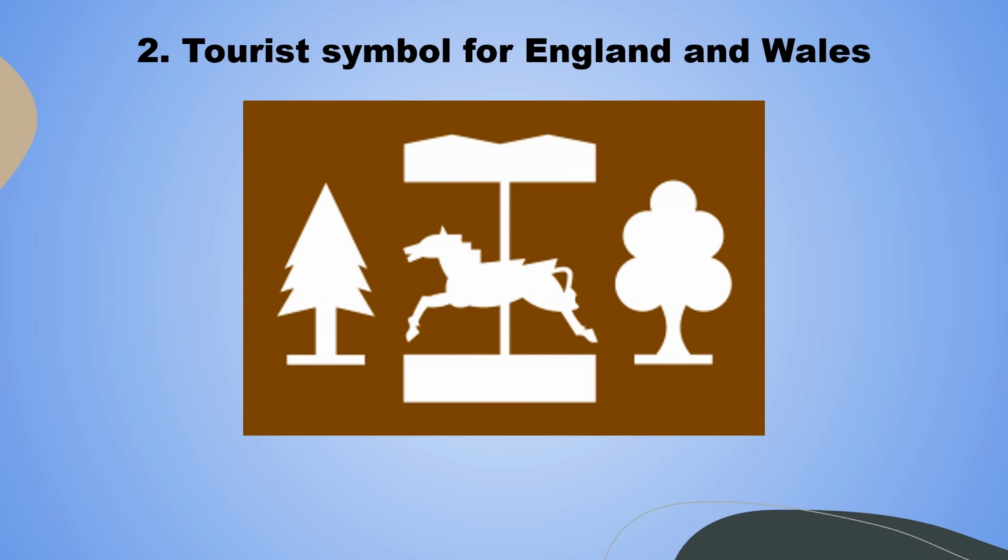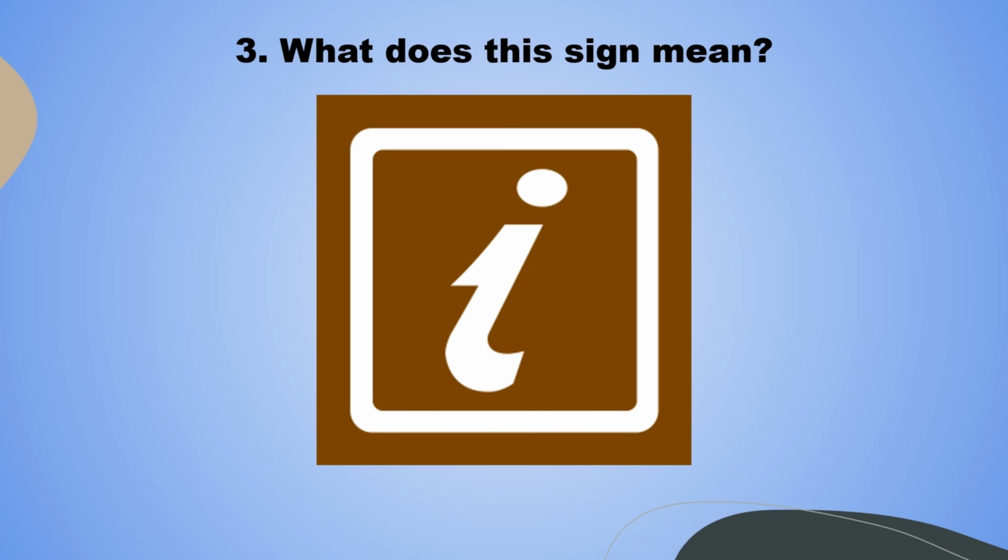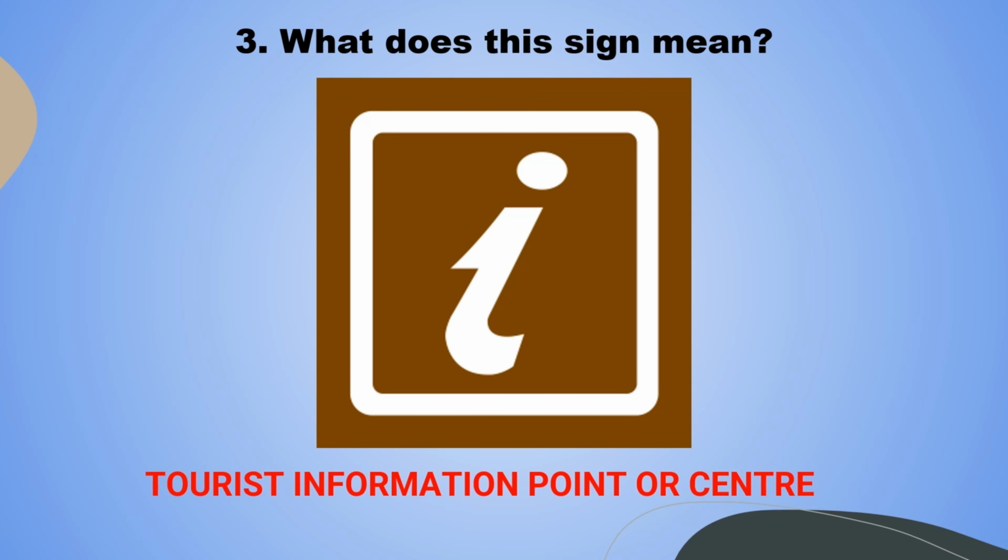Number two, this is another tourist symbol for England and Wales, and this symbol means that there is a pleasure or theme park. Number three, what does this sign mean? Wherever you see the sign, that means that this is a tourist information point or center.